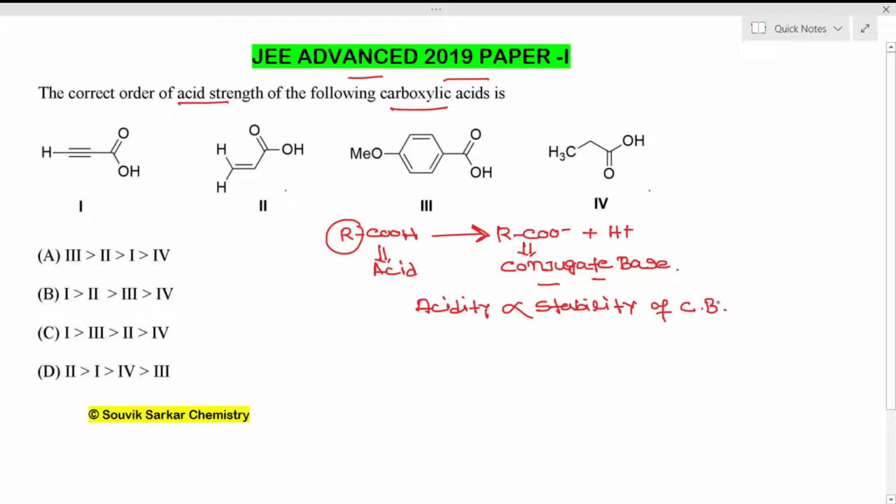So the higher the stability of the corresponding conjugate base, the higher will be the acidity of the carboxylic acid. You have to be very clear about this concept. Now we have to solve this question.